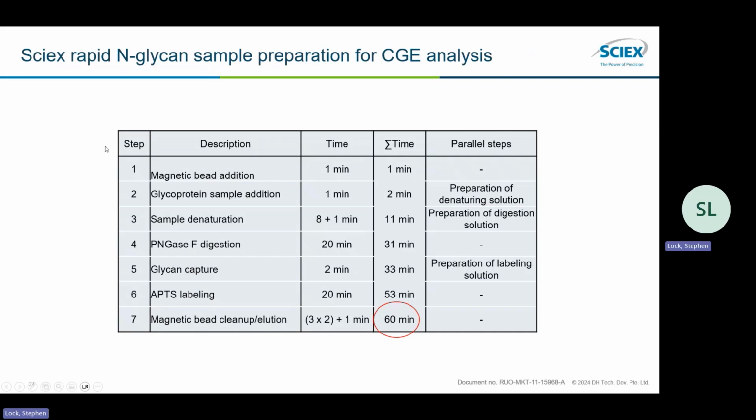So again, going through the steps in this fast glycan preparation workflow, you have magnetic bead addition, glycoprotein sample addition, you denature your glycoproteins, you cleave off your glycans, you capture magnetic beads, you wash to remove the residual protein, and then you label, you wash again to get rid of the excess dye, and then you release the glycans from the magnetic beads using water.